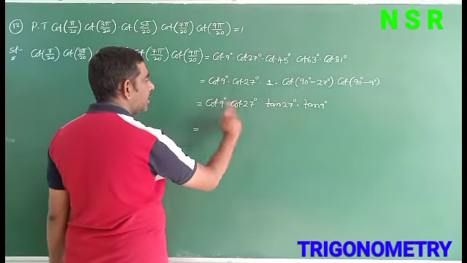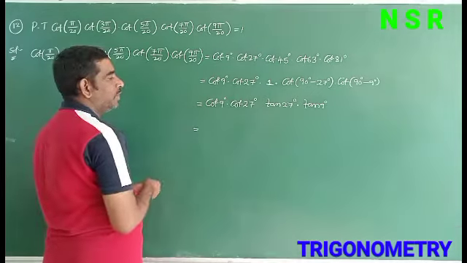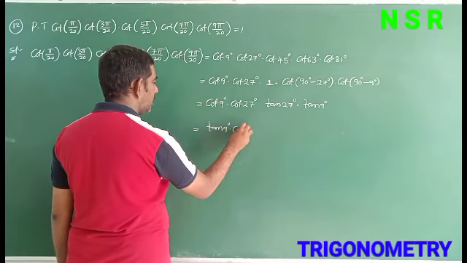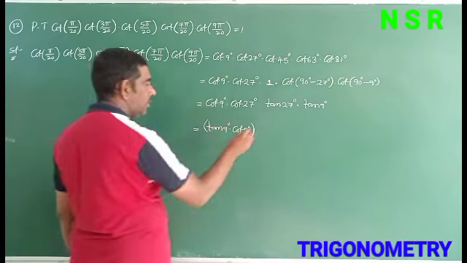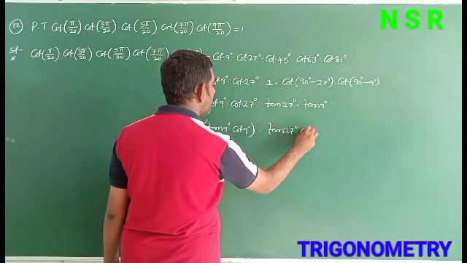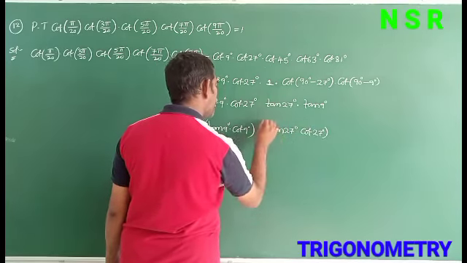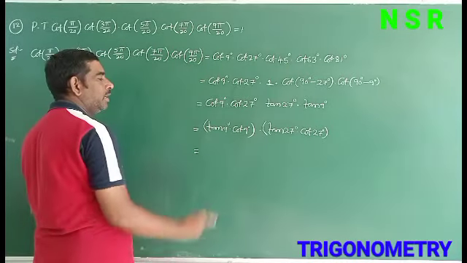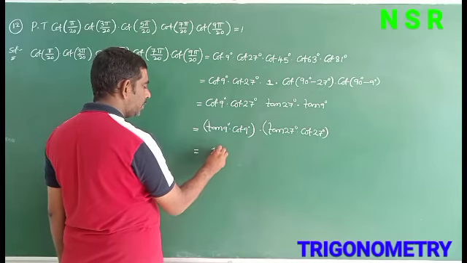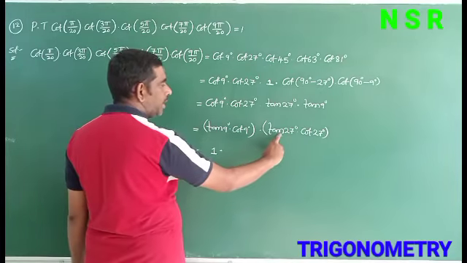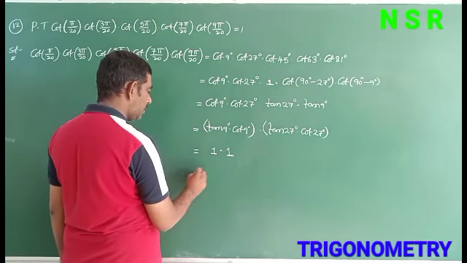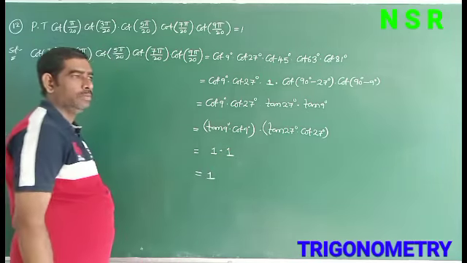So tan 9 and cot 9, and tan 27 and cot 27, write together, so we get tan 9 into cot 9 into tan 27 into cot 27. So tan theta into cot theta equals 1. So tan 9 into cot 9 is equal to 1, and here also tan 27 into cot 27 is 1. So 1 into 1 equal to 1.